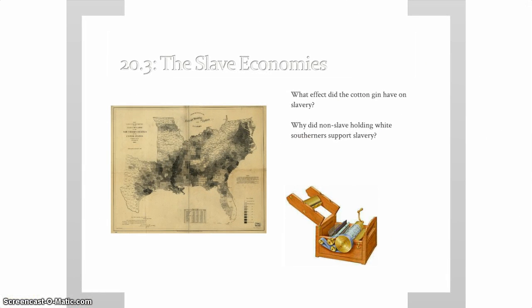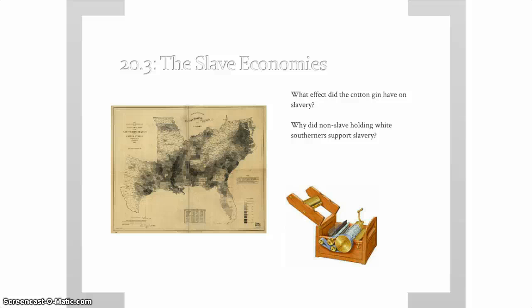So here we give you an idea of why slavery was so ingrained in the South and why they had so much of it down there. Really, the question is what effect did the cotton gin have on slavery? Ultimately, the cotton gin increased the ability to produce cotton to be sold by a machine.